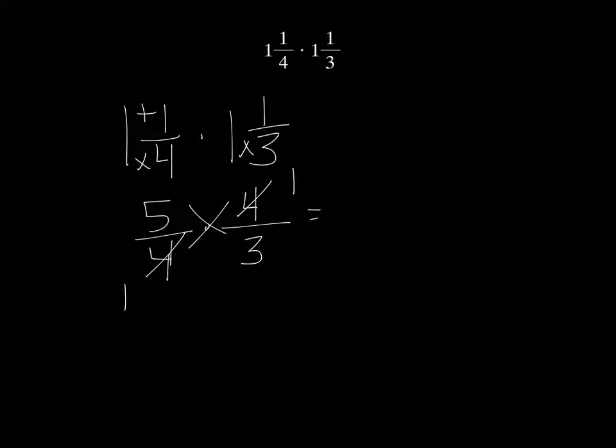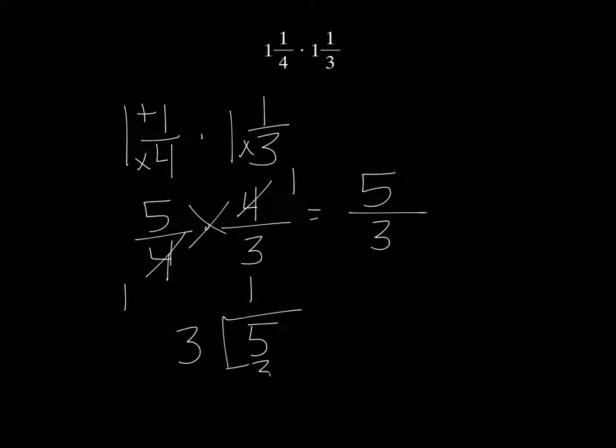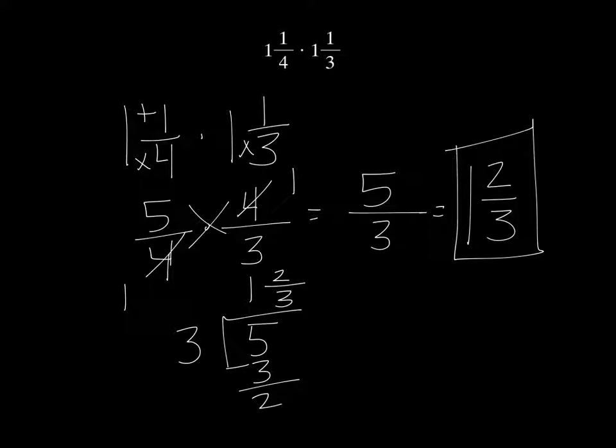That's it. 5 times 1 is 5. 1 times 3 is 3. Then I could divide my numerator by my denominator. 3 goes into 5 once. There are 2 left over. So my answer would be 1 2/3. There we go. And it's already simplified.